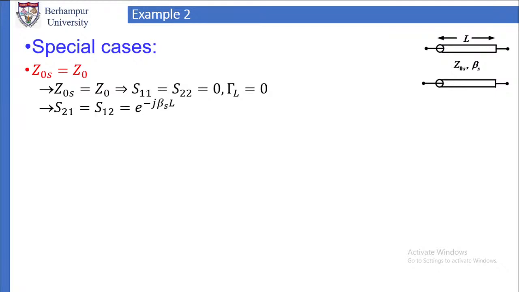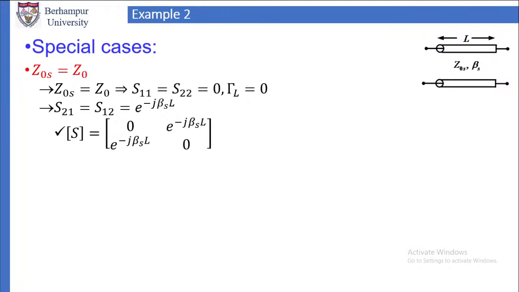Using this, S21 is equal to S12 is equal to exponential minus j beta SL. So if this transmission line has the same characteristic impedance as the connecting transmission lines, then S11 and S22 are 0, and S21 is equal to S12 is equal to exponential minus j beta SL.